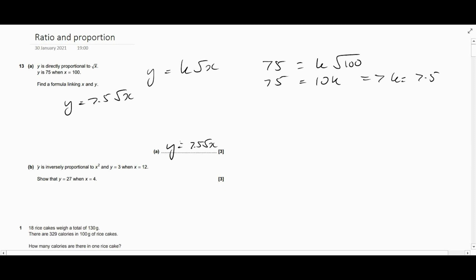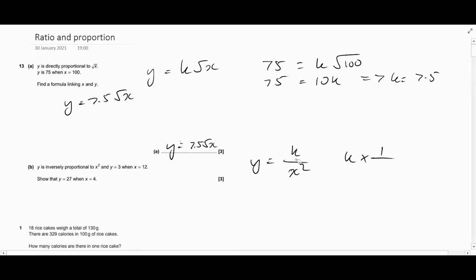So now, inverse proportionality. Inverse proportionality is just defined as y is equal to k over something. In this case, it's x squared. That's just because it's proportional to k times 1 over whatever your thing is, and that just leads to k over.